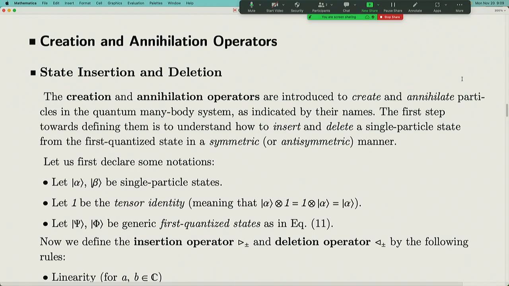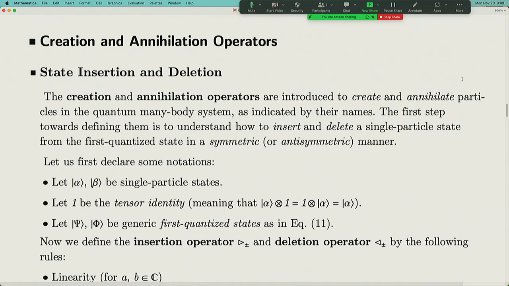But in order to understand that, we need to first define them and then understand how they operate. Before defining the creation and annihilation operators, I want to talk about how to insert and delete a single particle state from the first quantized representation, following a manner which is either symmetric or anti-symmetric.